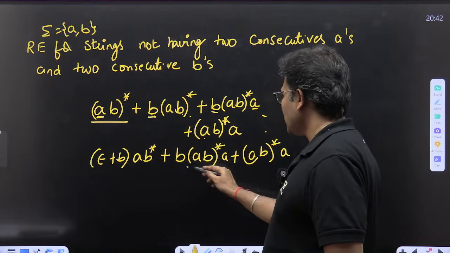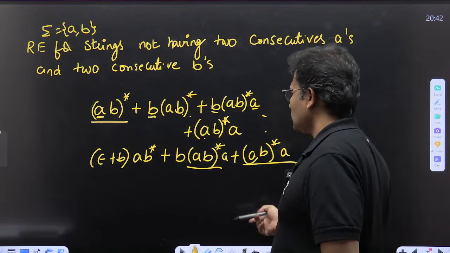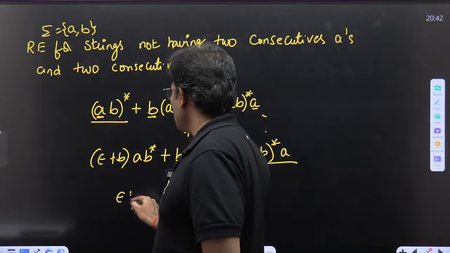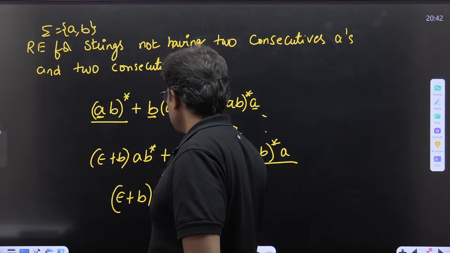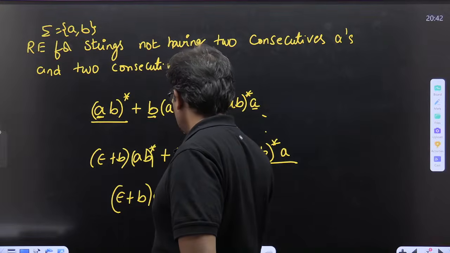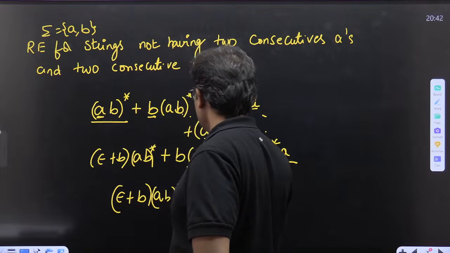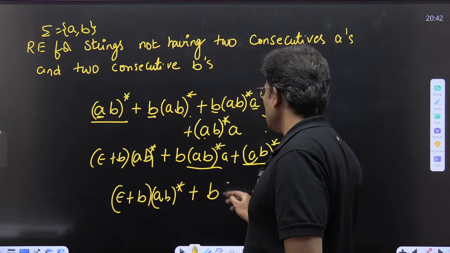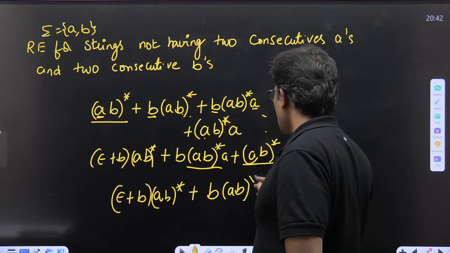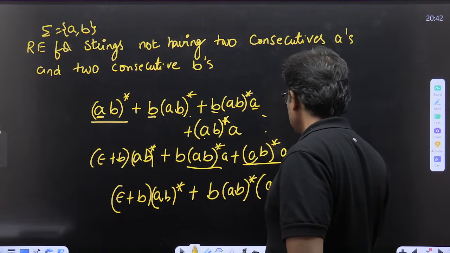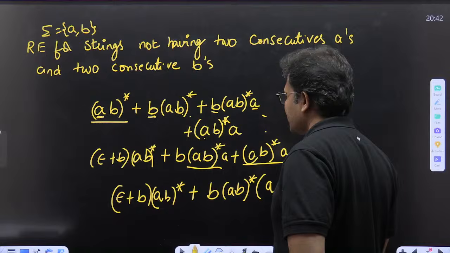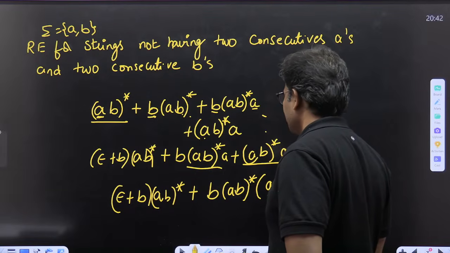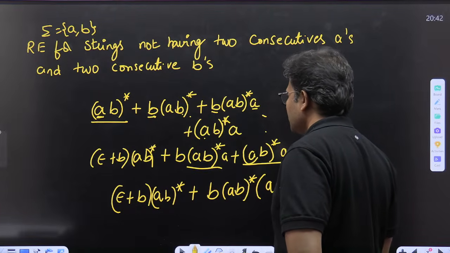Now you pull out (AB)*A from this. Here I already got (B plus epsilon)(AB)*, plus (B plus epsilon)(AB)*A.